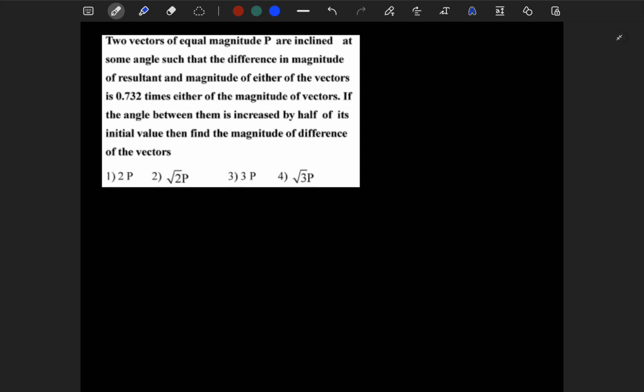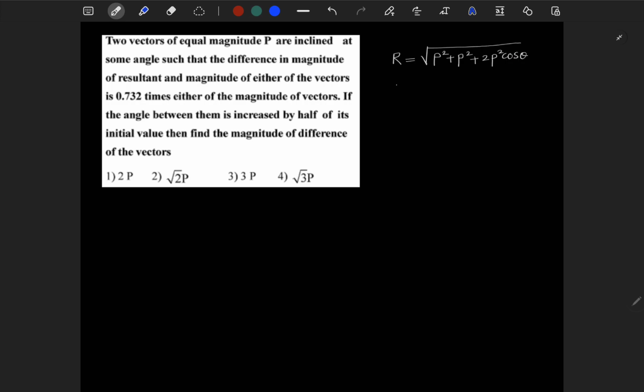Two vectors of equal magnitude P are inclined at some angle such that the difference in magnitude of resultant... So we know the resultant of two vectors can be found using root of P square plus Q square plus 2PQ cos theta. But here equal magnitude, so I can write it as P square plus 2P square cos theta.